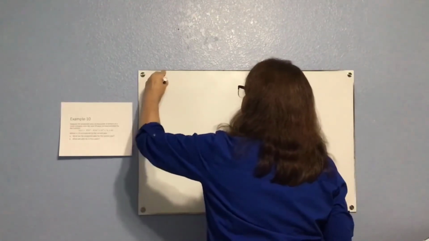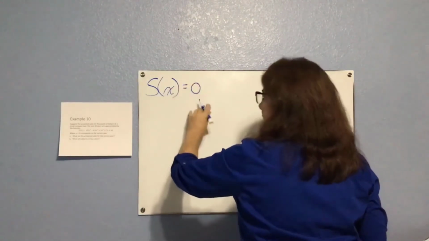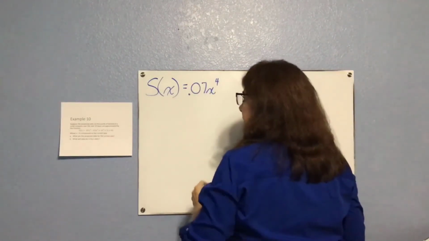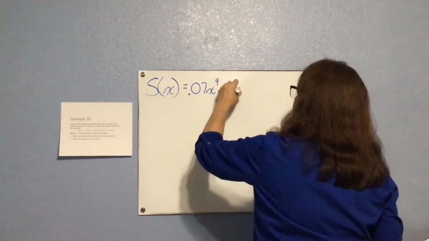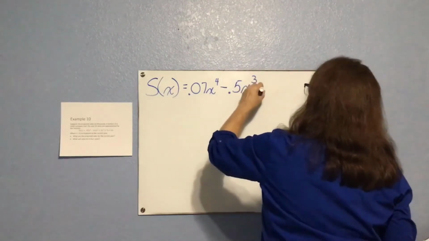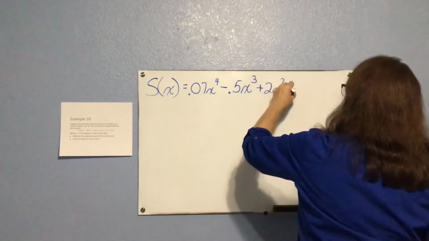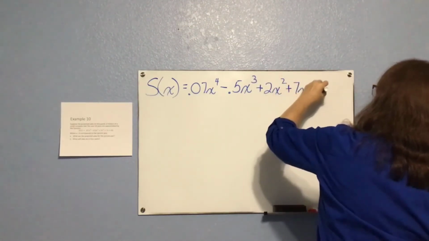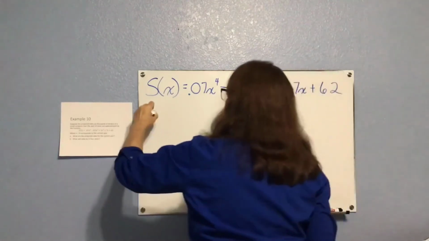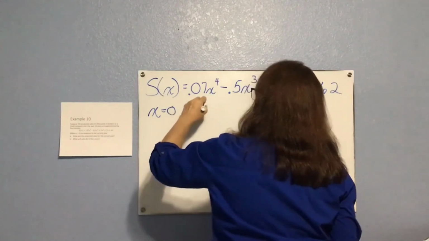So we're going to call this S of x because it represents sales. 0.07x to the fourth minus 0.5x cubed plus 2x squared plus 7x plus 62. And they tell us that x equals 0 is the current year.